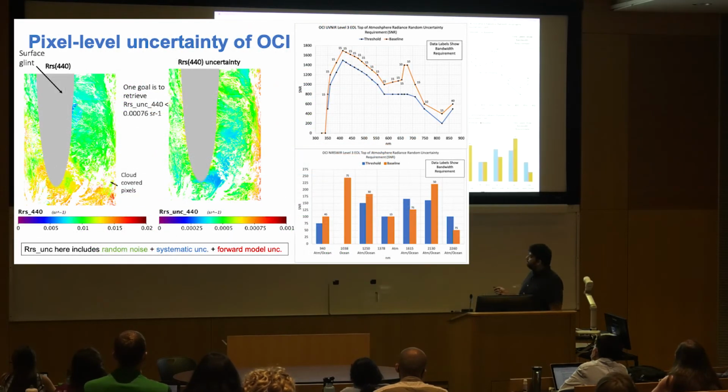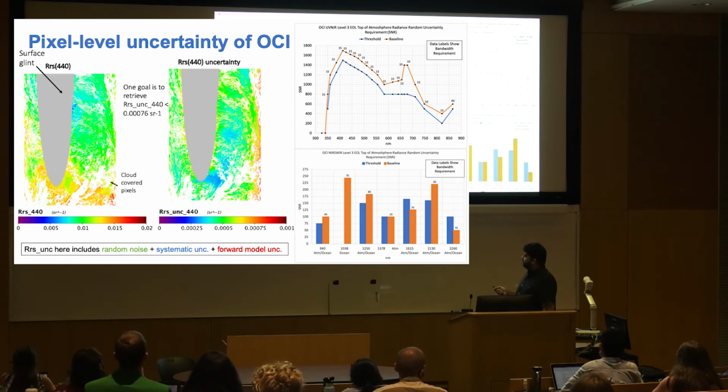So how did we use this uncertainty model, this error propagation technique, for OCI? Remember we talked about the requirements, and we wanted to verify the uncertainty requirements for OCI.